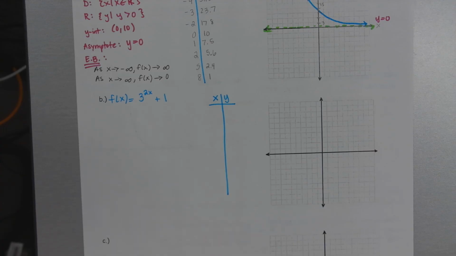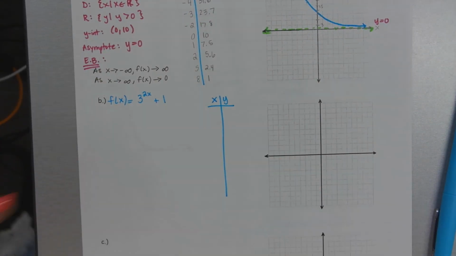You're welcome to have more than that. Sometimes I like to write down more just so I can organize. That helps me organize. So plug it in and then you're going to decide what you want to plot there.